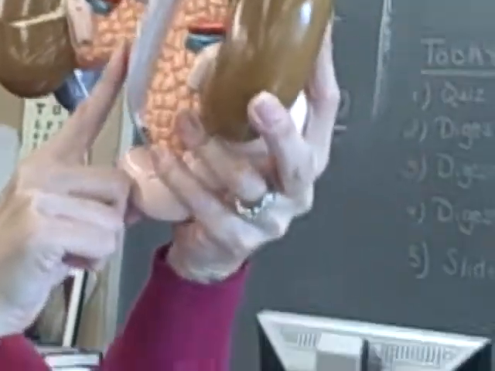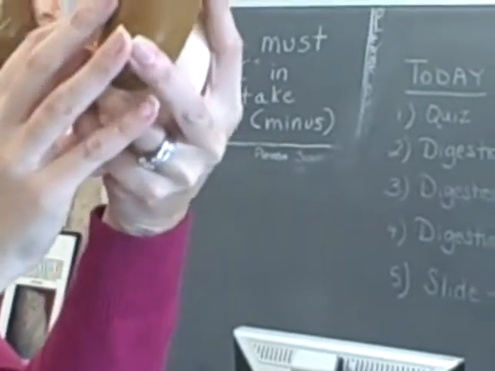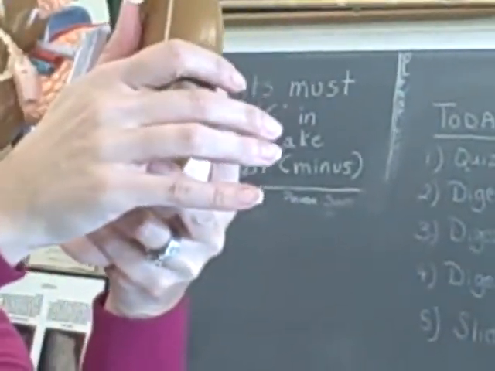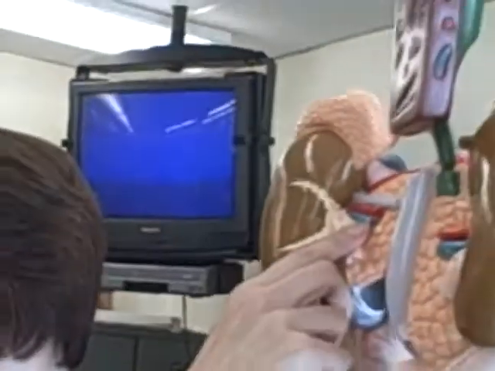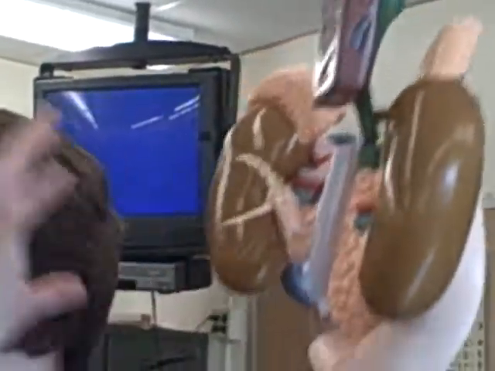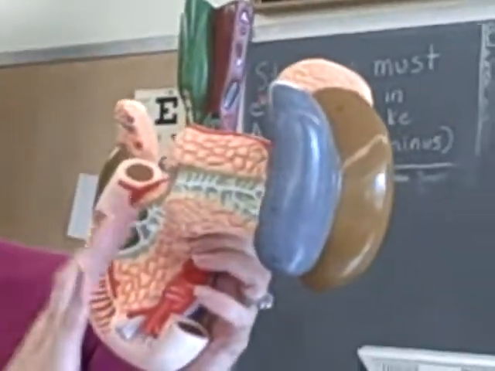This is the renal artery and vein, right or left? Right renal artery and vein. The pancreas is on the left side, so this is the left renal artery and the left renal vein. So it's just something different to look at. We also have superior and inferior mesenteric arteries on here, but that's a trick I'm reserving.